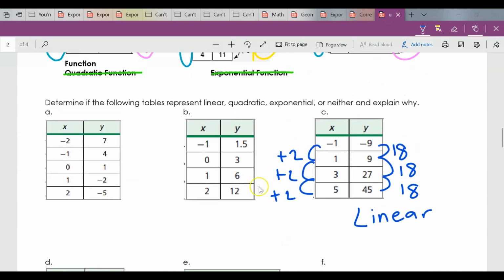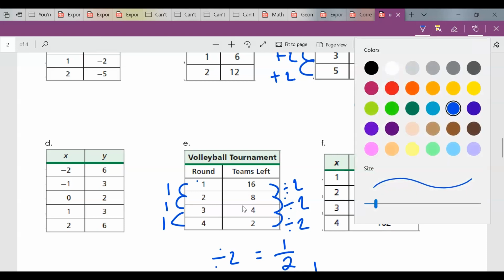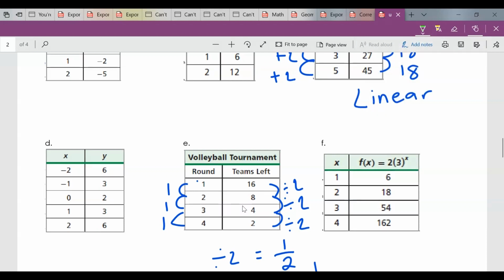Let's go ahead and look at D. So let's check and make sure once again. Looks like I'm going up by 1 each time. Always good to check and make sure that they're not trying to trick you. You know how state tests are when they trick you with stuff like that.